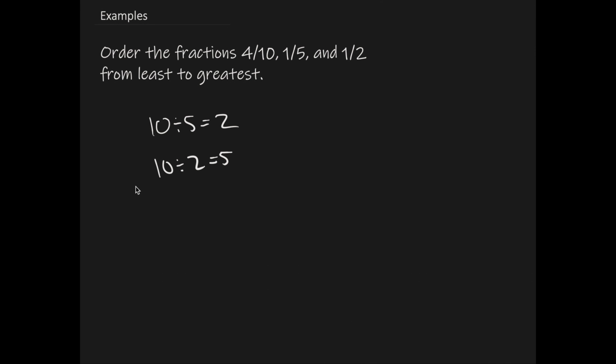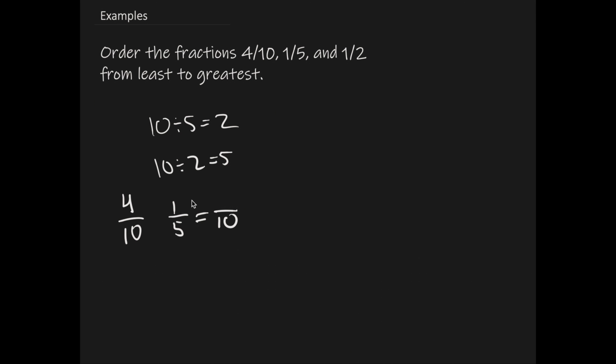So 4/10 is already done. Second, we have to do 1/5, and now we have to convert this into a different fraction. We already know the denominator is going to be 10.